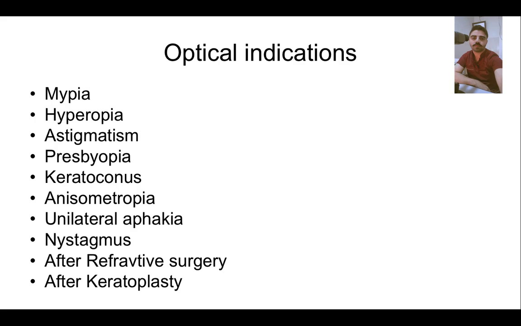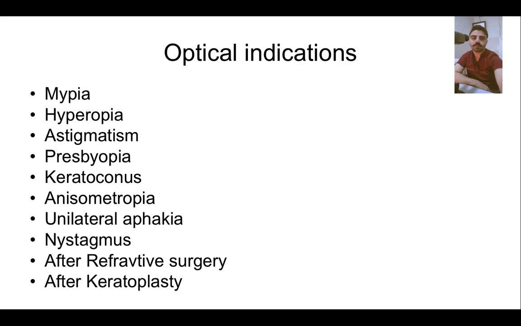So moving on, we have anisometropia. Anisometropia means the patient has a different sort of refractive error in both eyes, and the difference is more than 1.5 diopters in any form. If anisometropia is high, there is a huge difference between the refractive status of both eyes.